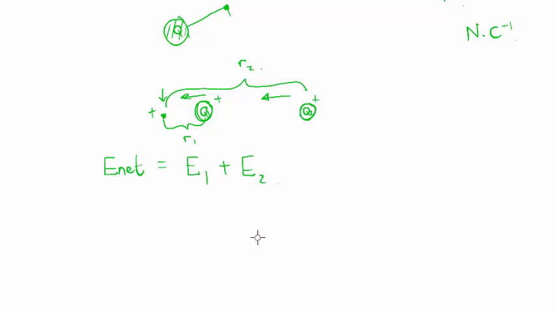If one of them was positive and one of them was negative, then this one is pushing him away, this one is attracting him, so they're working against each other. In other words, whatever this one is pushing away with, this one is attracting with. Now it's going to depend who wins.